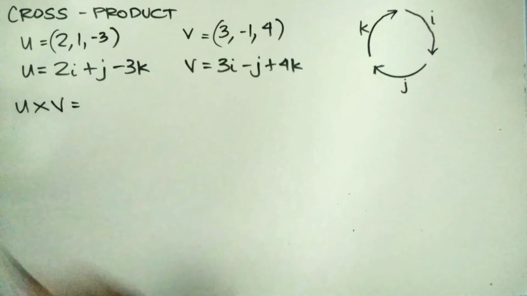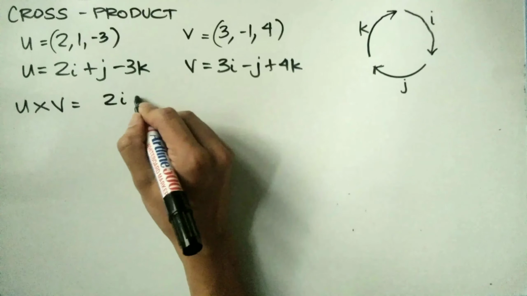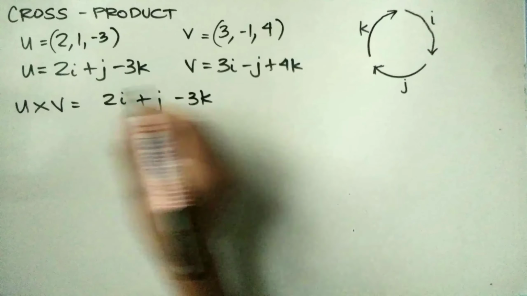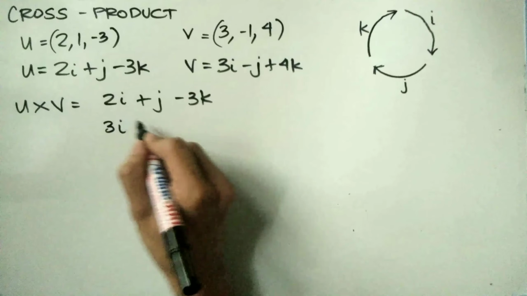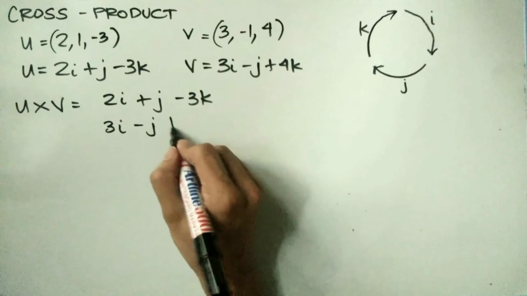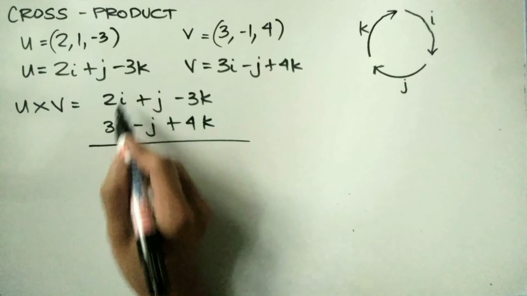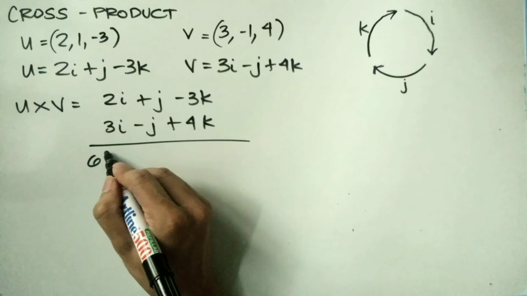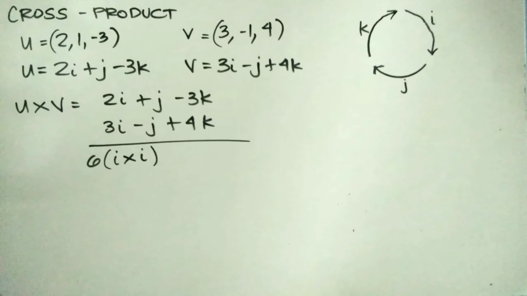the first vector should be at the top. This would be 2i plus j minus 3k, and vector v at the bottom, that would be 3i minus j plus 4k. So 2i times 3i is 6 times i cross i.